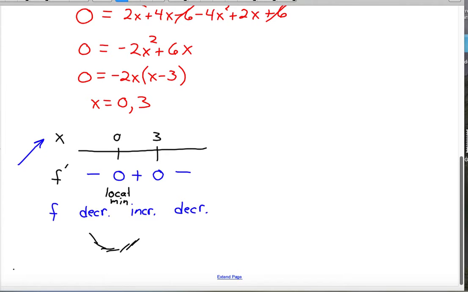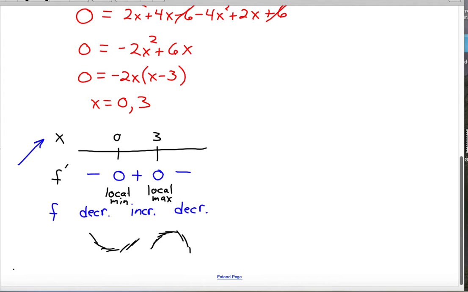And then at 3, before 3, f prime was positive, so my slopes were positive, and then 0, and then negative. So I have a local maximum at 3. All right, so we've got a lot of information.